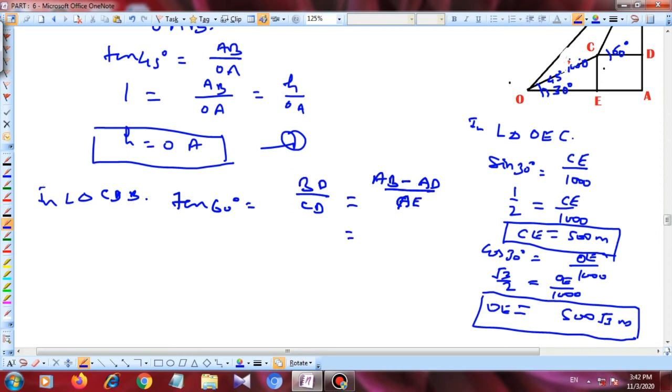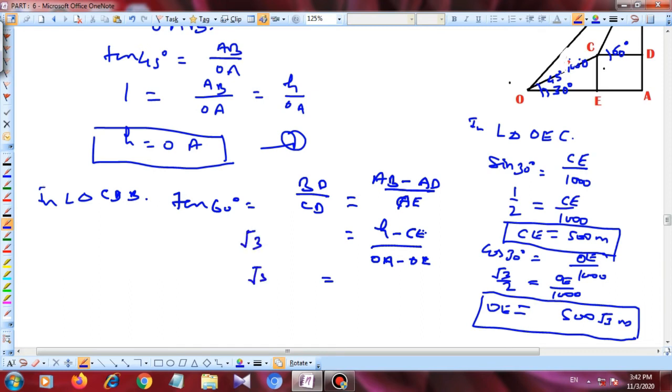Now AB is H and AD will be CE, and AE is OA minus OE. Tan 60 is root 3.